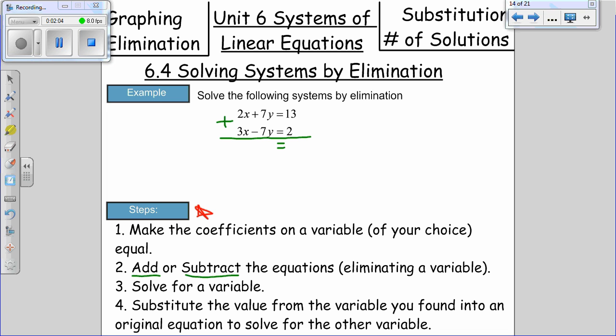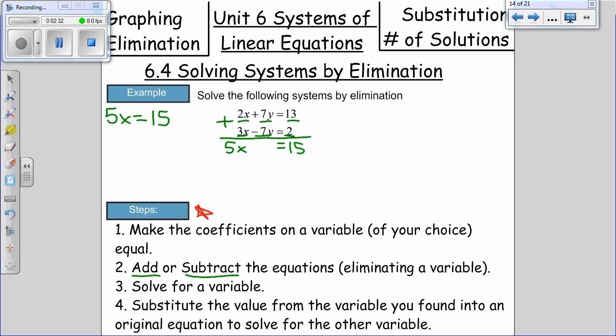So, 2x plus 3x equals 5x. Positive 7y minus 7y is 0, so nothing goes in here. They eliminate. That's why this is called elimination. And then 13 plus 2 is 15. So we have 5x equals 15.